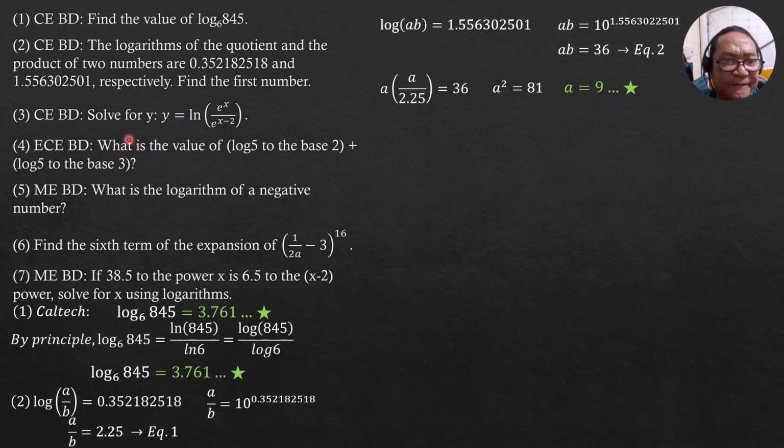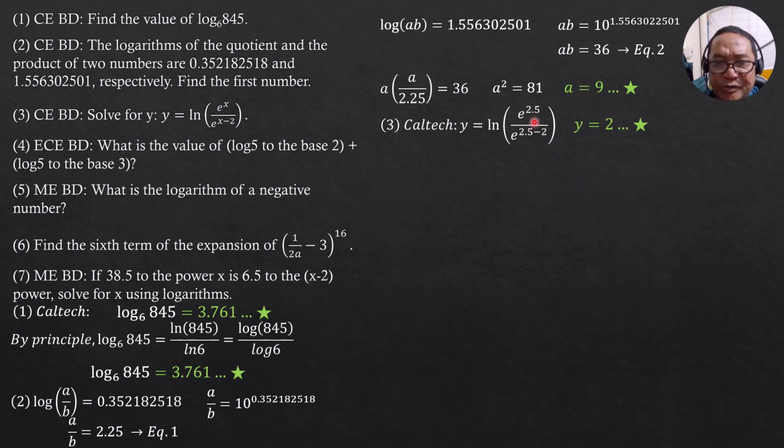Problem 3, solve for y. Y is ln of e to the x over e to the x minus 2. By calculator technique, you just substitute any value of x. In this case, I substituted 2.5, and using the calculator, it will give us the answer 2.